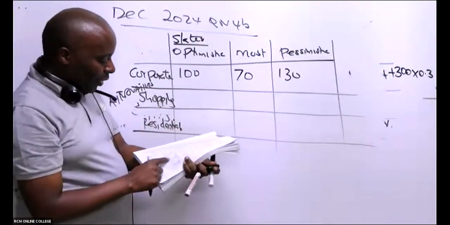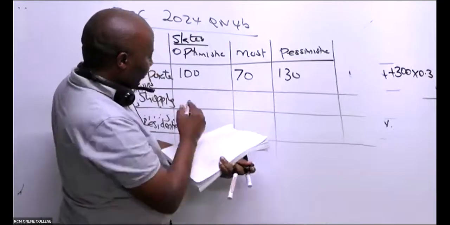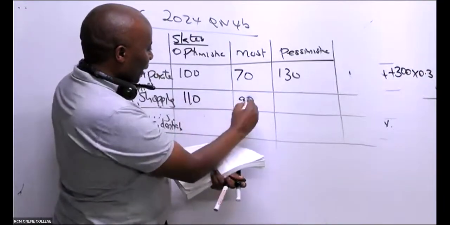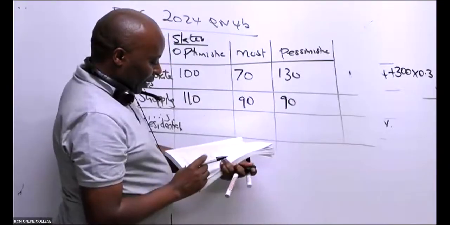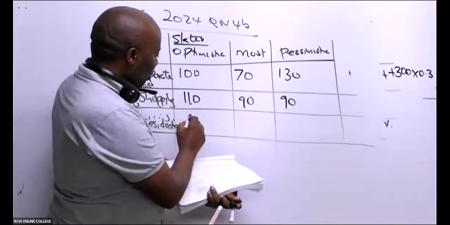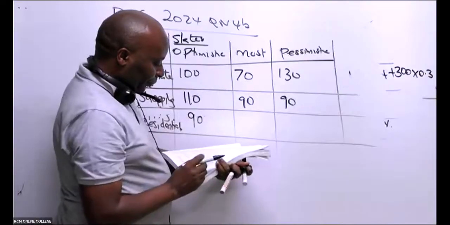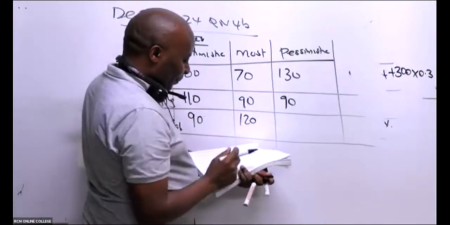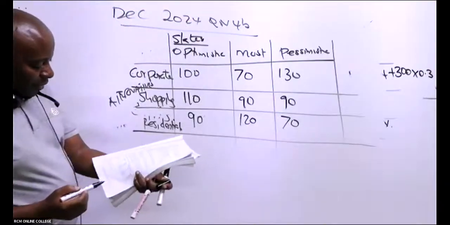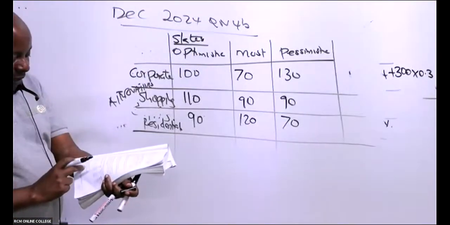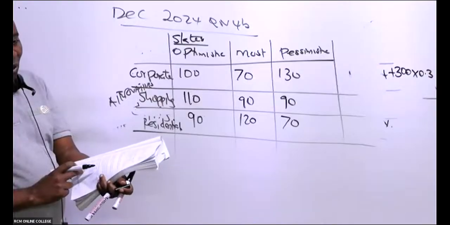So we have here 100, what here? 110, 90. Then lastly, what there? 90. And then lastly, column 3. So we have 90, 120. And then what here? 70, like that. Now, when it is like this, you can very easily give us what we call maximax.